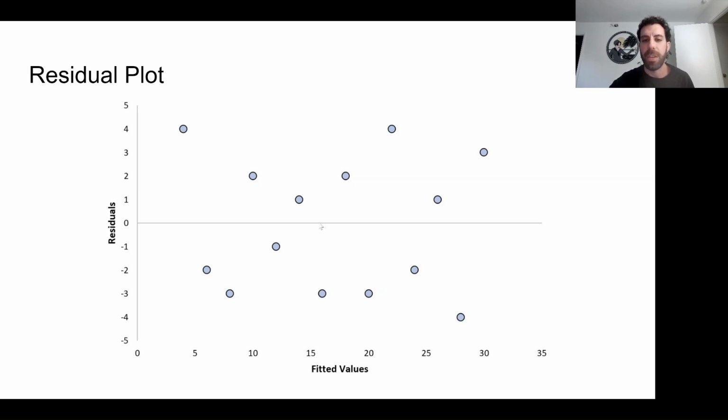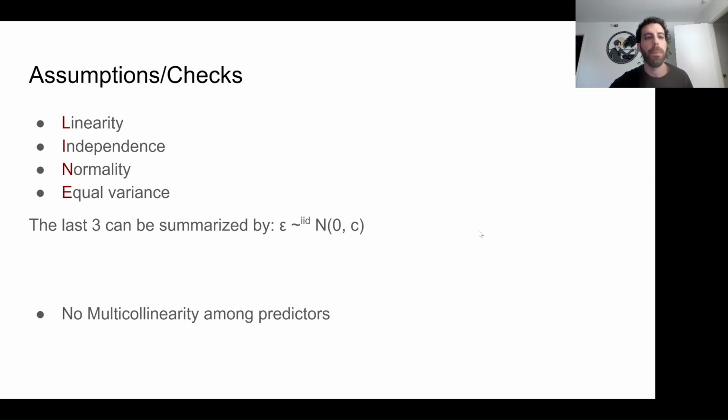So you want them to be centered around 0, because that's the assumption about our error, and you want them to be kind of even in their variation throughout all your fitted values. So this is a pretty good residual plot. Even with a low sample size, we see that they are centered at 0 and pretty even over the full range of fitted values.